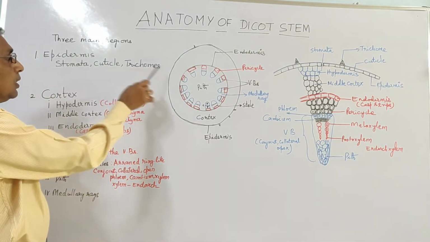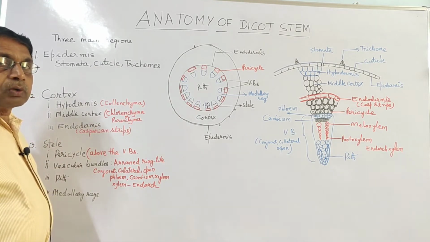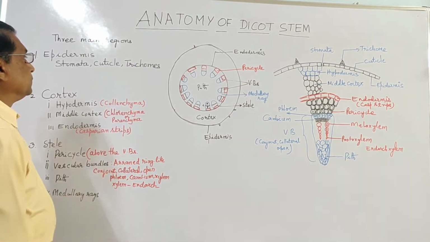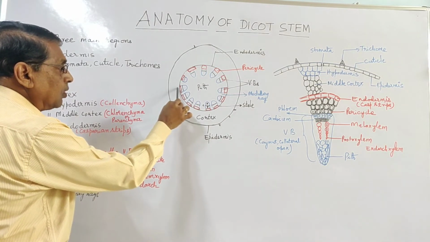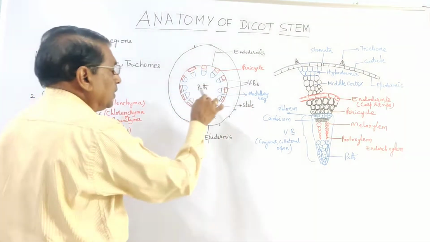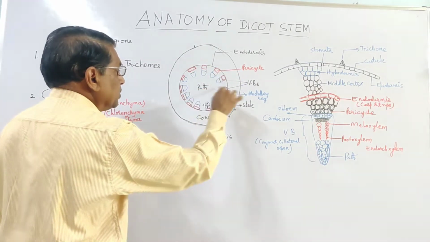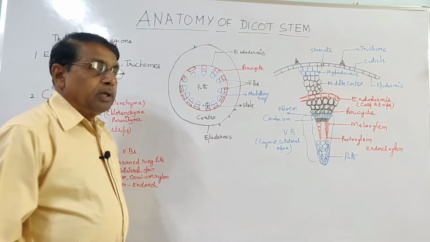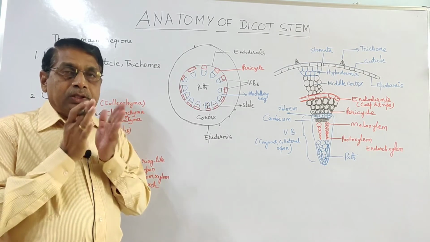One is the outermost epidermis. Second part is cortex. This part, cortex. The third part is stele. This part is stele. Epidermis, cortex, stele.